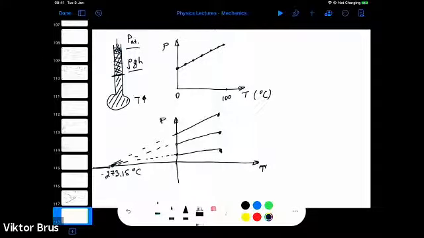That's why this temperature, minus 273.15 Celsius, is the so-called minimum temperature, or absolute zero.